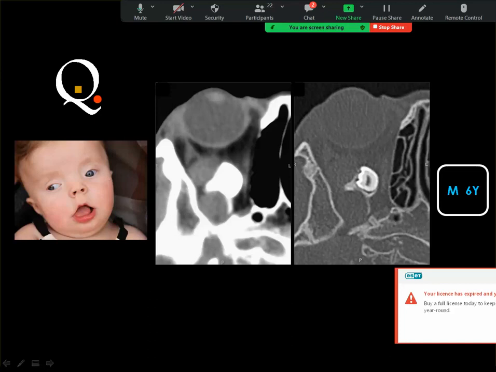And this is a child, 6 years old. This is a difficult case, of course. And you got the CT scan of the orbit and the soft tissue and the bone window.